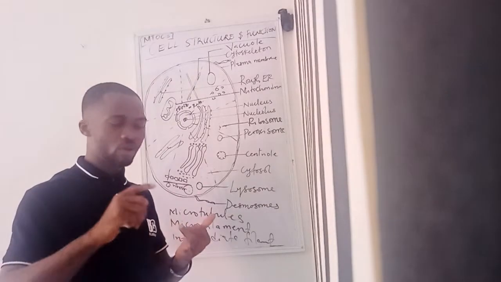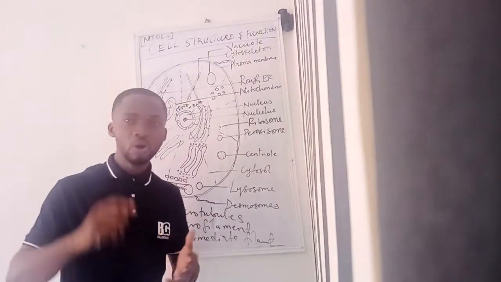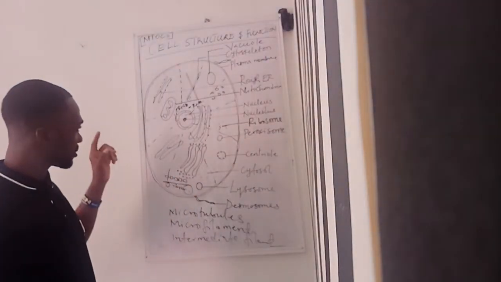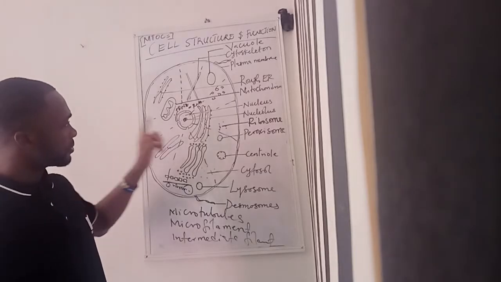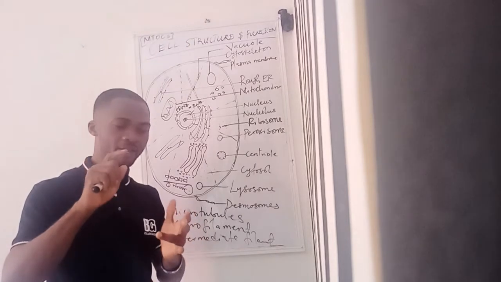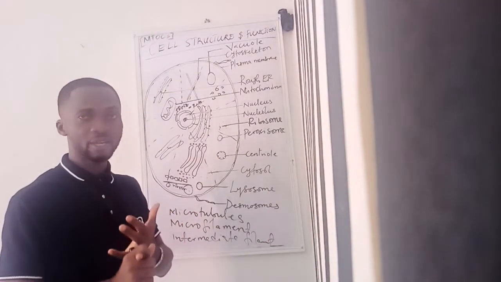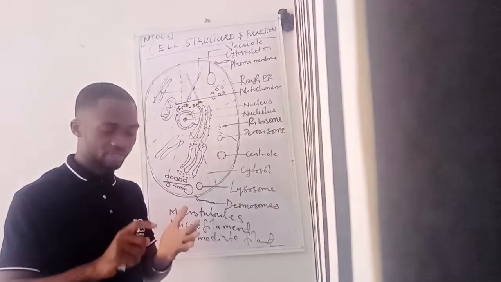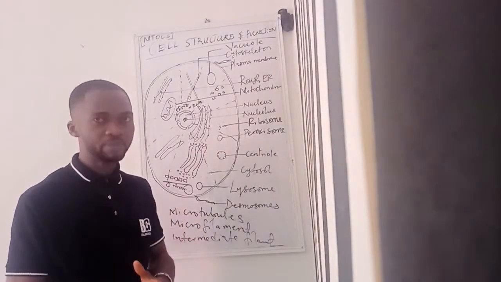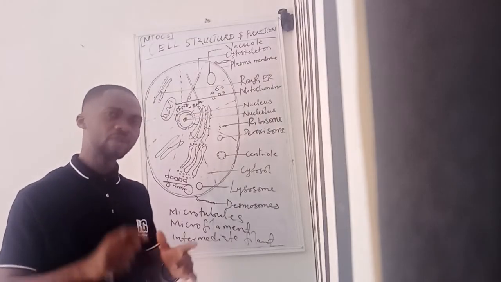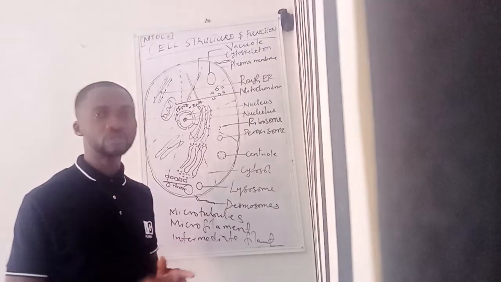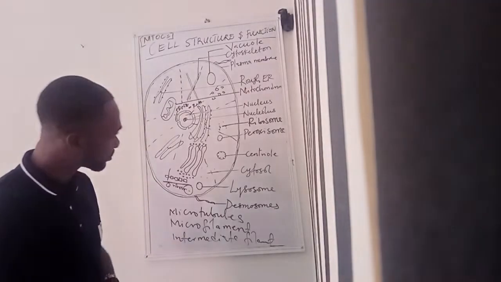Function of the smooth ER: lipid synthesis, that is production of lipid, then metabolism of carbohydrates, and of course detoxification. Yes, the smooth ER also helps in detoxification of toxins.